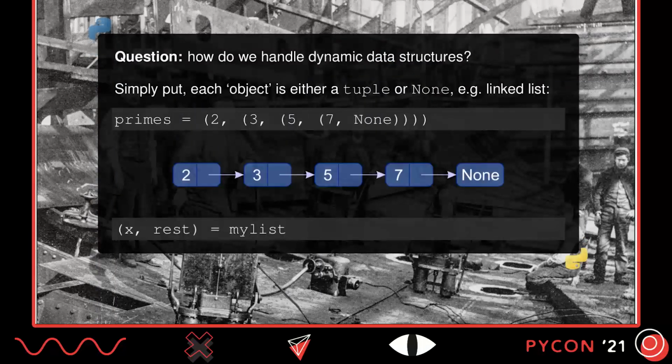However, if we're now dealing with dynamic data types, that is to say with trees or linked lists or something like that, we have another problem. In a linked list, we link different tuples together. In Python that looks as if the tuples following the first one are enclosed in the first tuple.